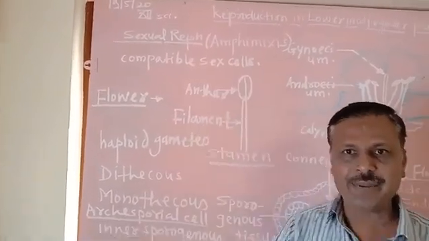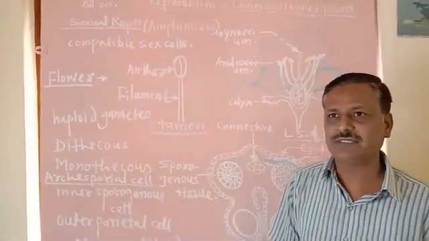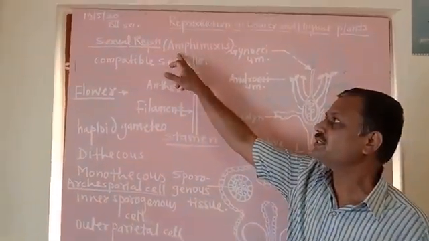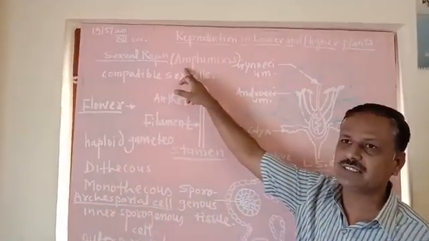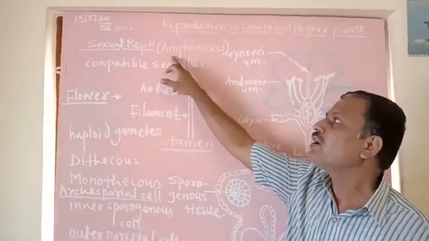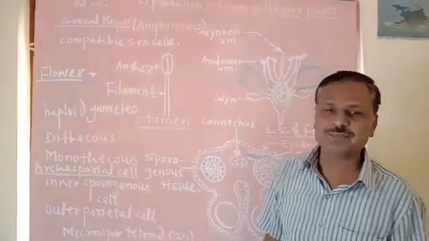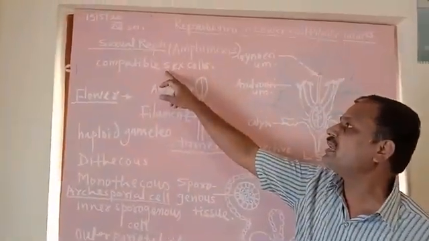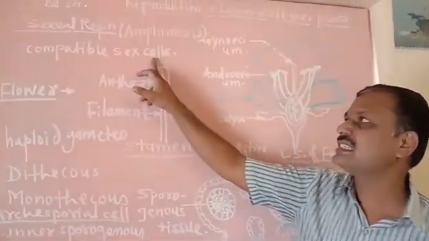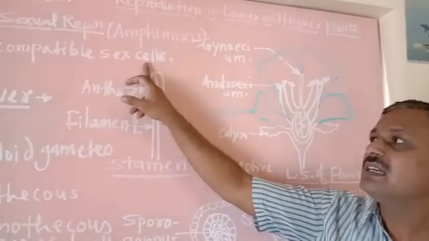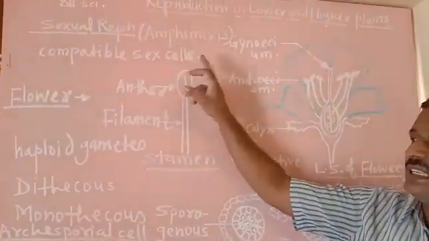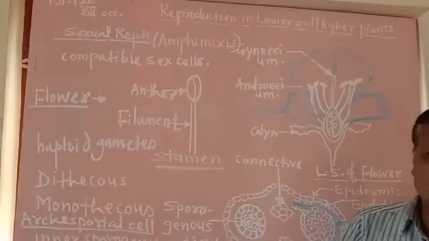The exact definition of sexual reproduction is the process in which formation and fusion of two compatible sex cells or gametes takes place.